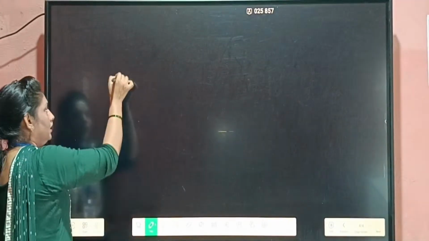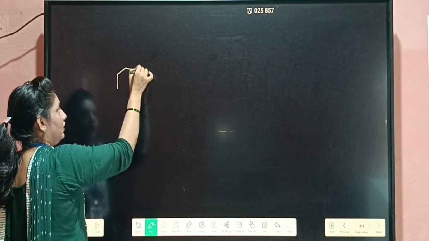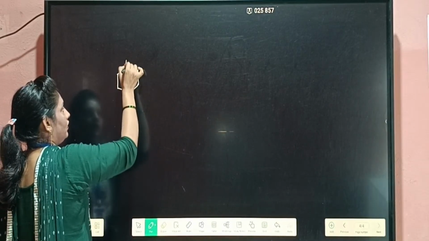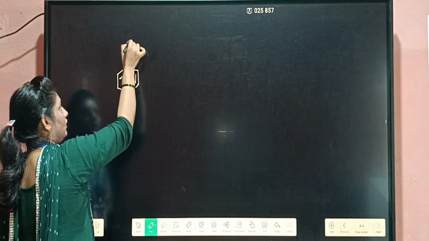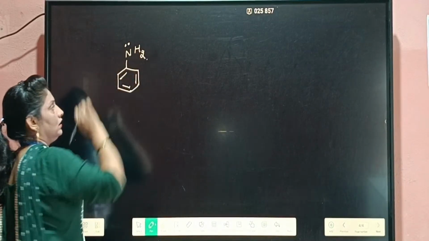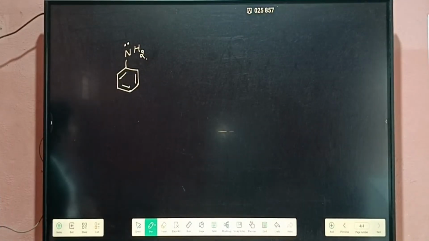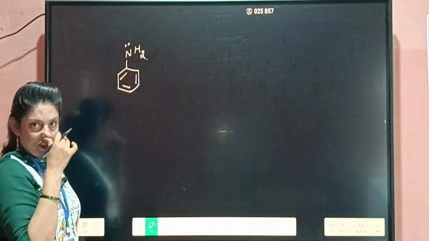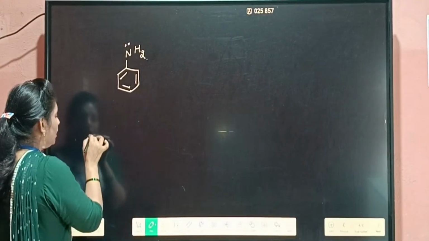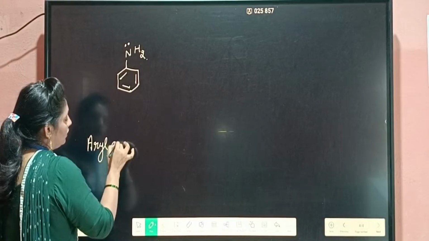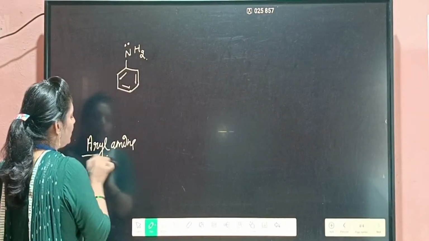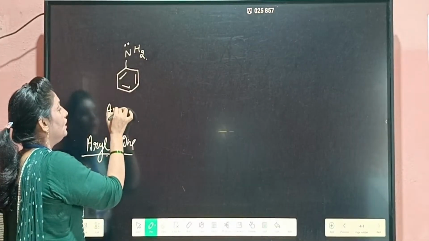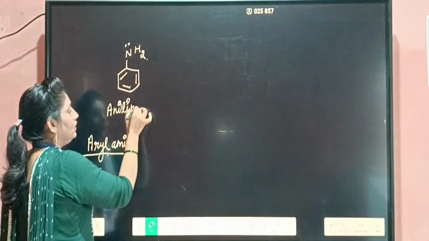For example, this is an aryl group, an aryl amine. The benzene ring is here, and it is known by its common name, aniline.